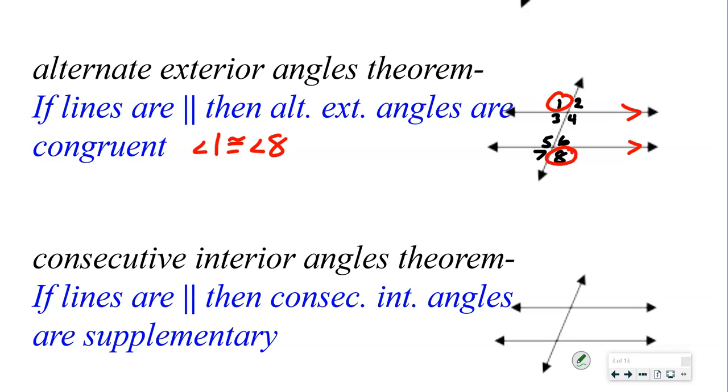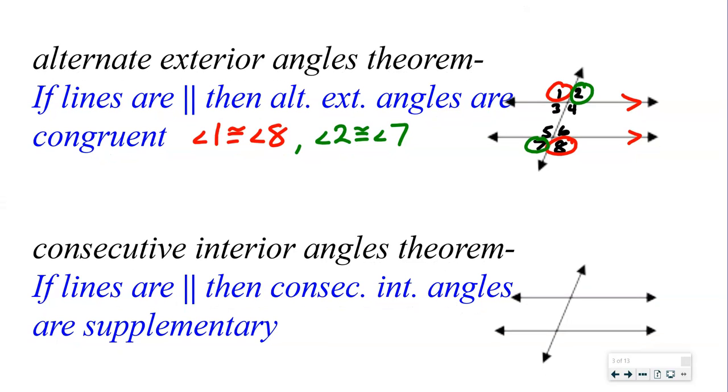And angles 2 and 7 would be congruent. That's the alternate exterior angles theorem. And again, the lines have to be parallel for those to be congruent. Otherwise, they're just alternate exterior angles. It doesn't mean that they would have to be congruent. But if they're parallel, then they are.